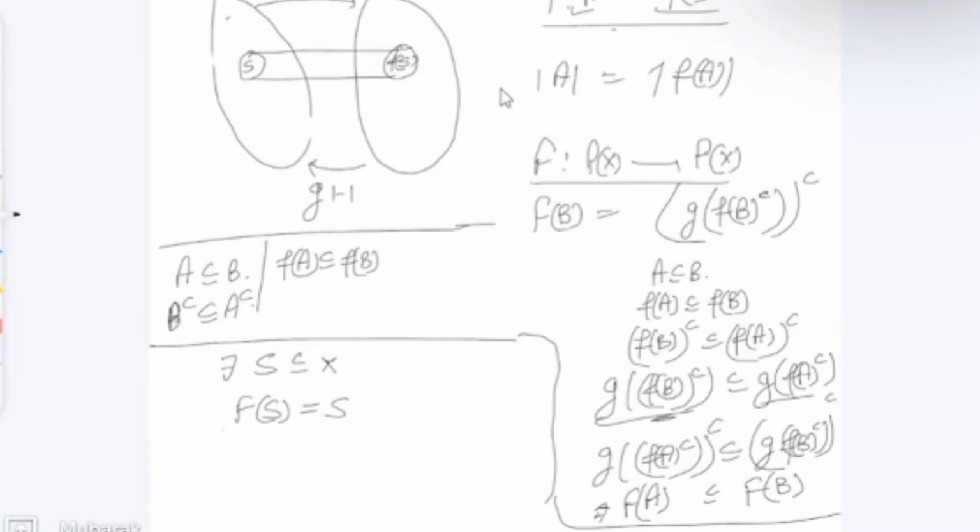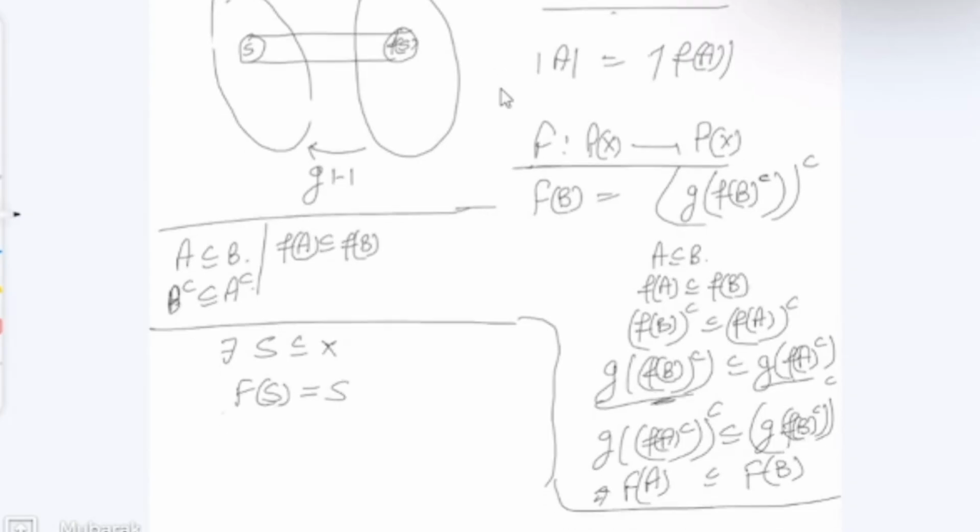That is, the cardinality of s will be equal to the cardinality of f of s. Now, as this is the fixed point for f, the remaining part here will be equal to the remaining part here.